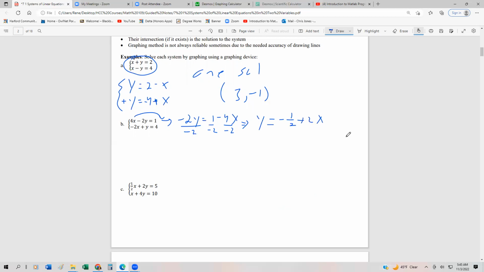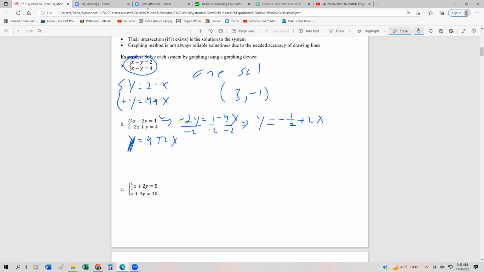That's what I would plug into my calculator. And then for this one, I would add 2x, so y would be equal to 4 plus 2x. In Desmos, we could just plug it in immediately.